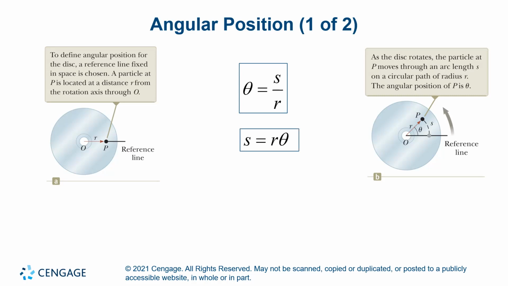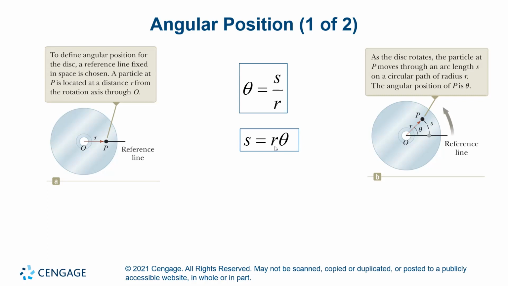So we define theta as the ratio of the arc length to the radius r. I don't know if you remember this, no? In your geometry, the angle related to arc length is equal to S over R. And rearranging, we have S equals R theta.